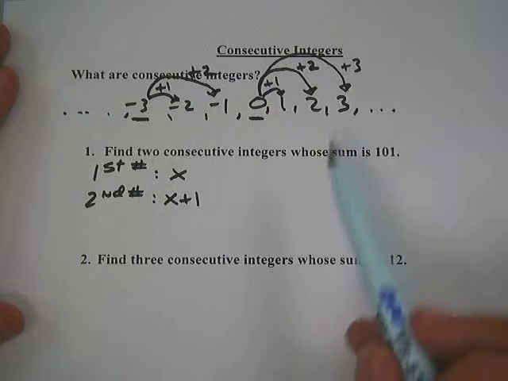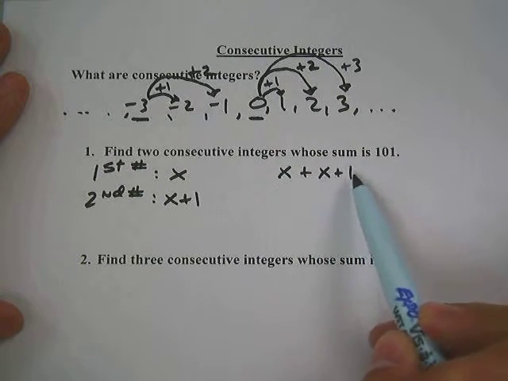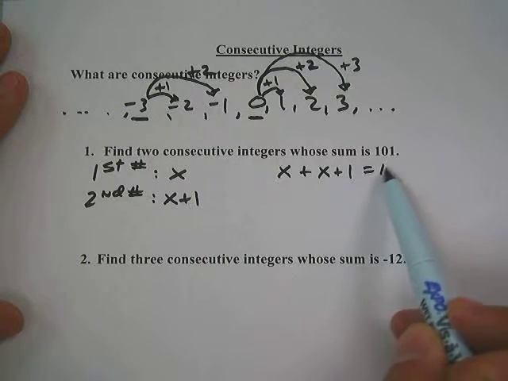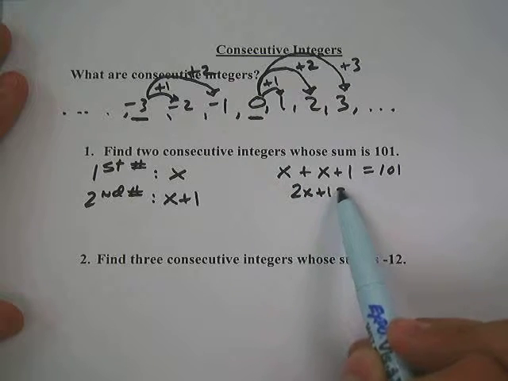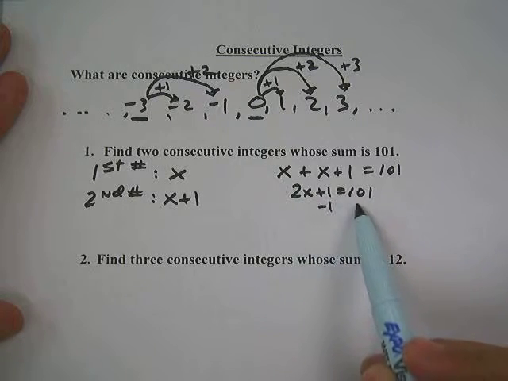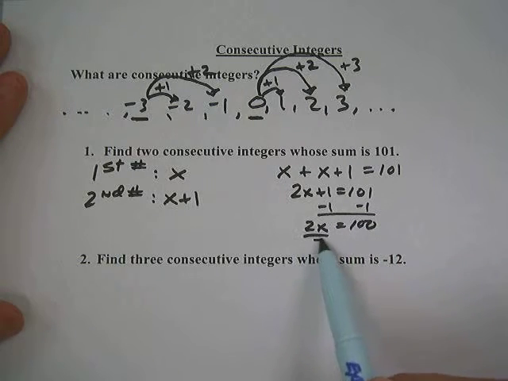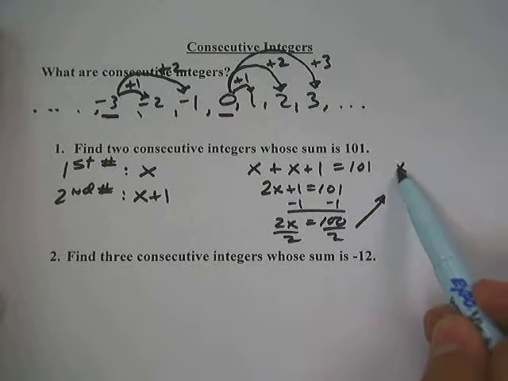And so it says find the two consecutive integers whose sum is 101. So this number plus this number is 101: x plus x plus 1 equals 101. Simplify. Subtract 1. Divide by 2.